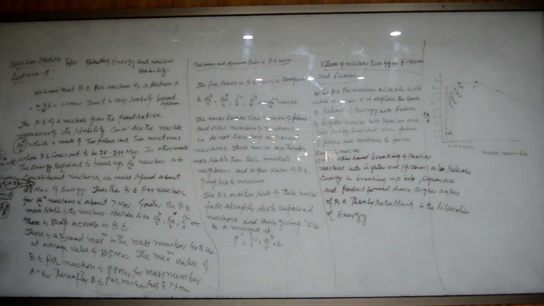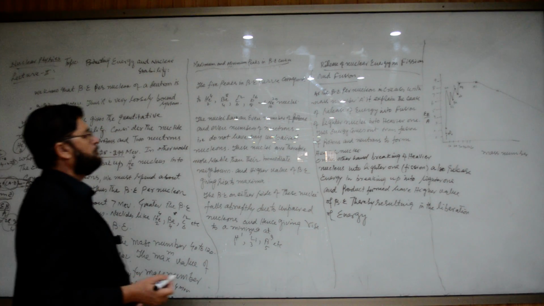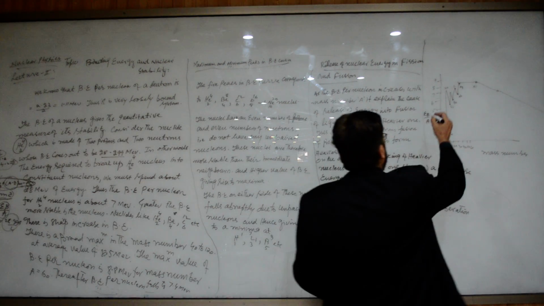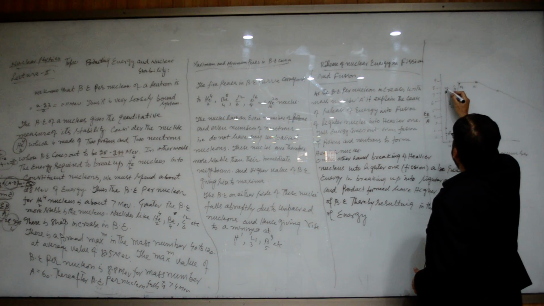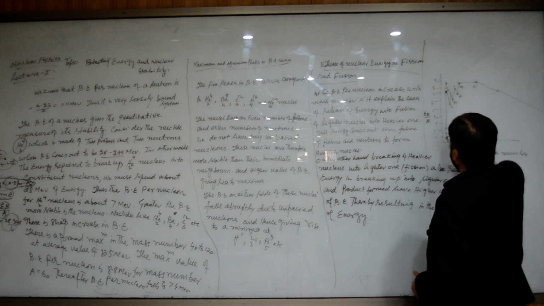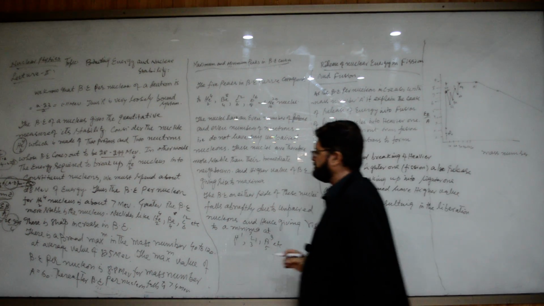If you divide 28.299 by 4, this becomes roughly 7 MeV. The binding energy per nucleon for the helium nucleus is about 7 MeV.